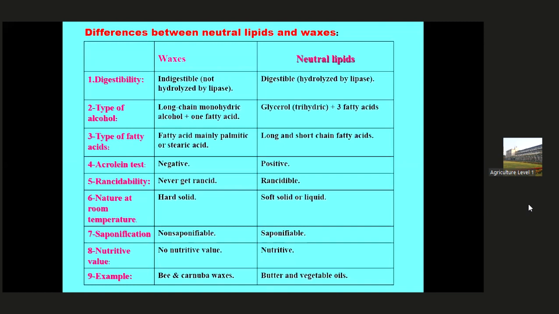Nutrient value: as it is indigestible, you will not get any nutrition. Examples: beehive beeswax, cholesterol esters, etc. And for neutral lipids: vegetable oils, butter, fat, etc. So these are the differences between waxes and neutral lipids.